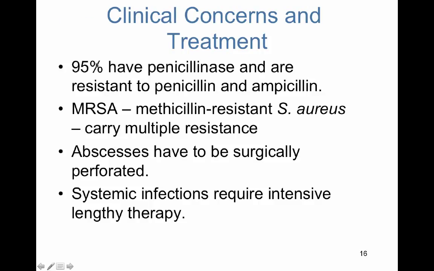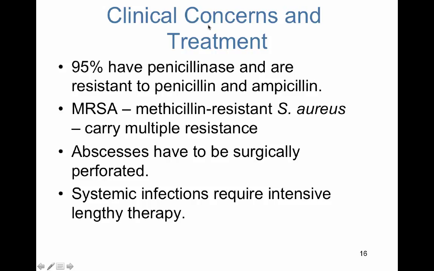Now, in Staph aureus cases, 95% have that enzyme that can chew up penicillin or are resistant to a closely related antibiotic, ampicillin. We also see a lot of methicillin resistance, and many strains carry multiple resistance.